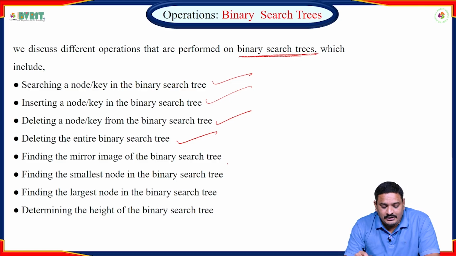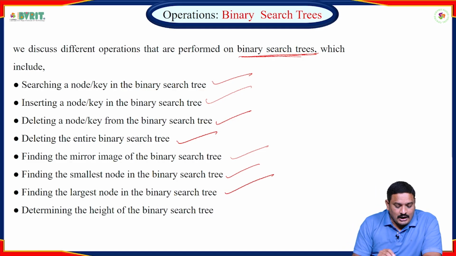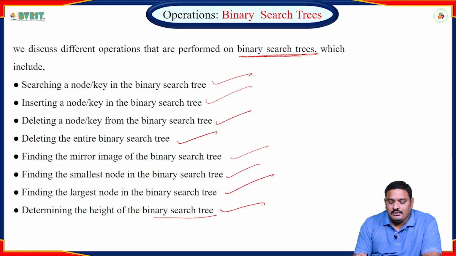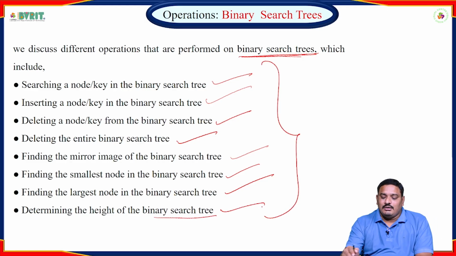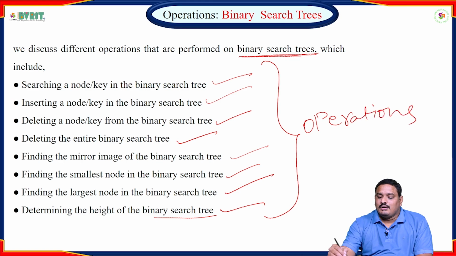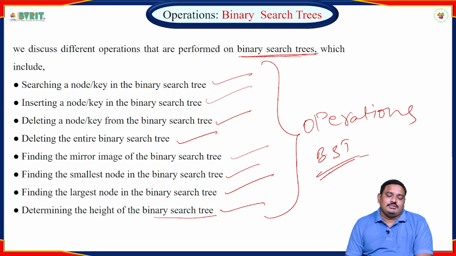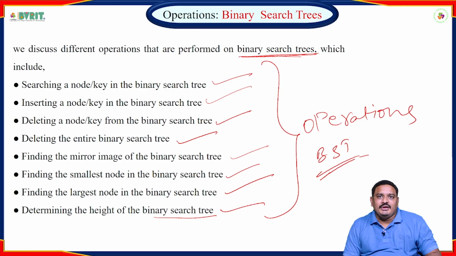How to find the mirror of the binary search tree, how to find the smallest element and the largest element in the binary search tree, and how to determine the height of the binary tree. These are the different operations under the binary search tree, simply called a BST.